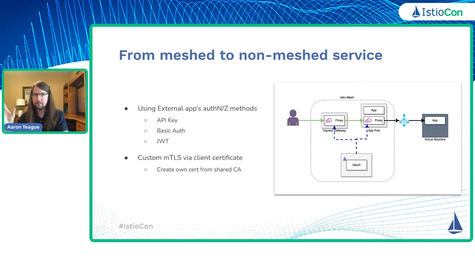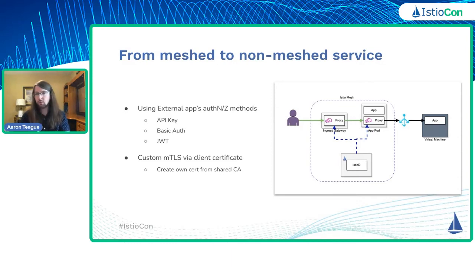In that case, it makes sense just to use what that other service is offering, and just the most secure one. So it might be they give you an API key to make calls against it. It might be basic auth, so using a password to get access to it. They might give you a JWT, but it's going to be up to them.